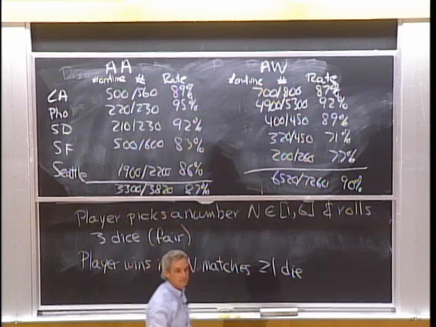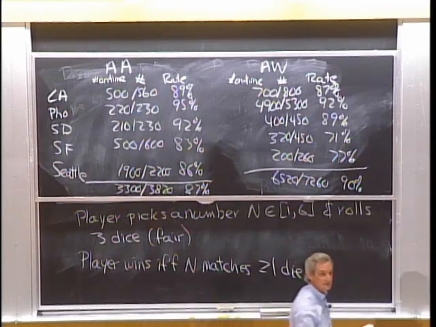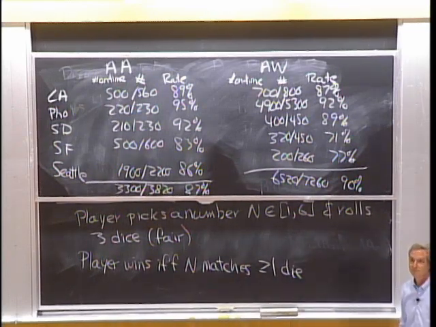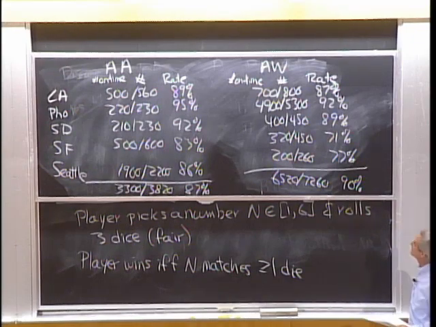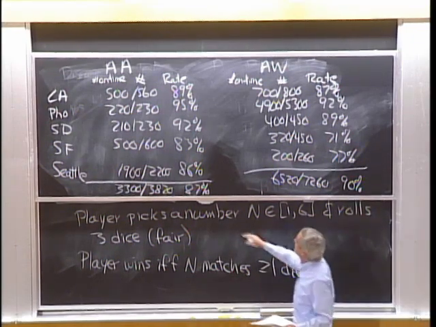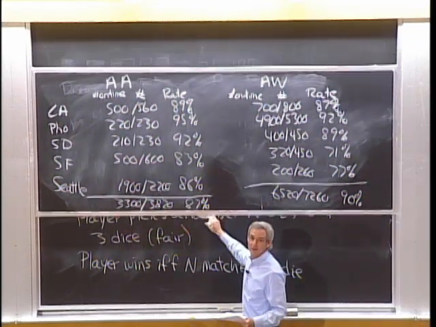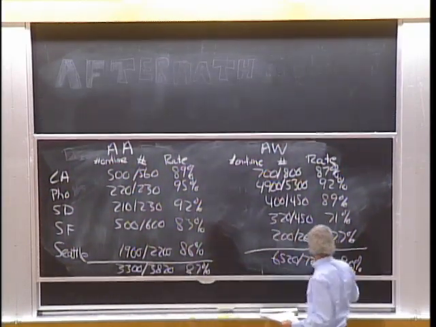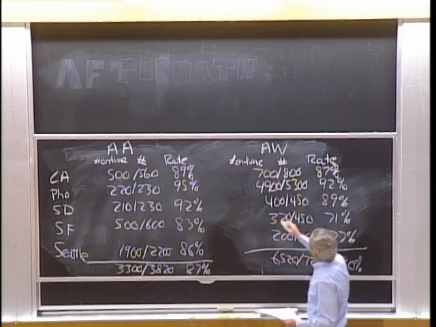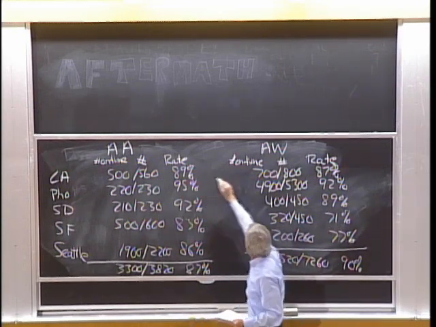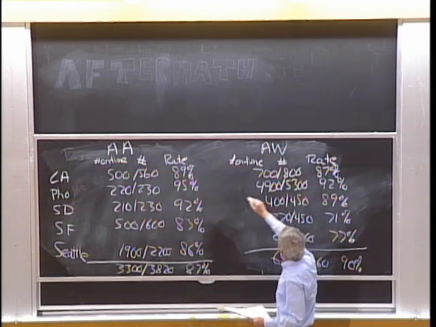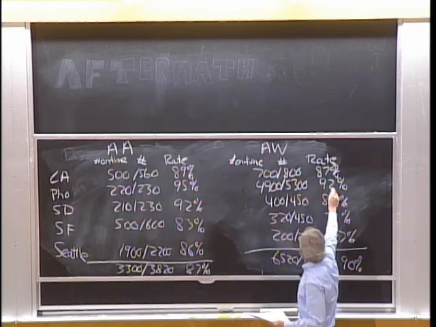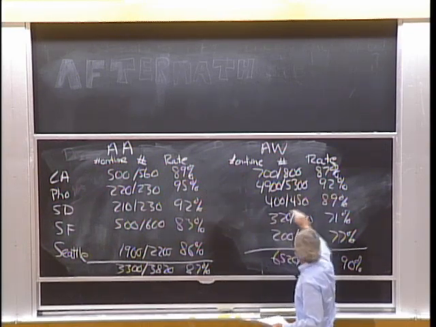What do you think? Which airline would you fly, looking at that data? I know which one I'd fly. I mean, it looks like America West is better. Every single city, American Airlines is better. 92 versus 89.